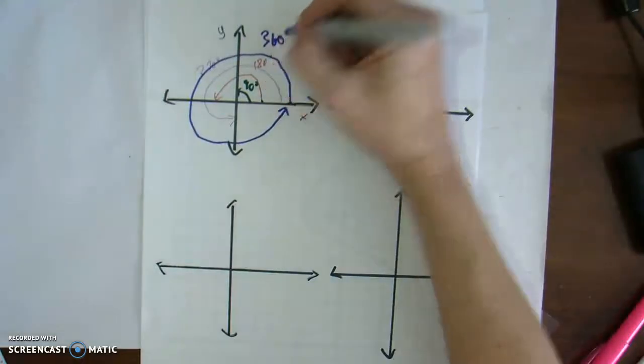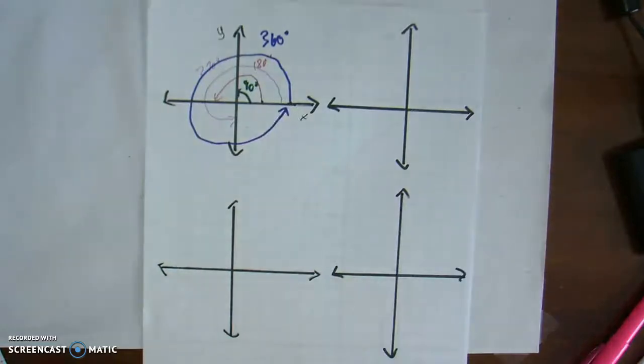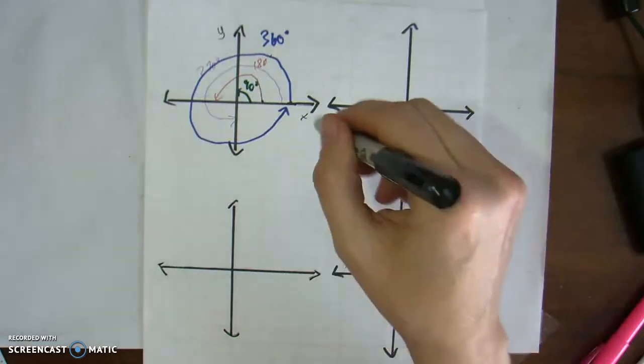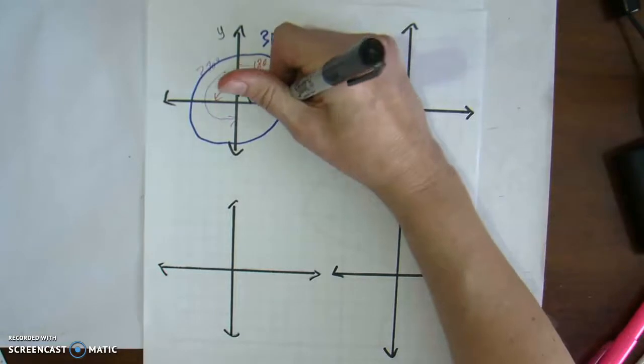All right, so we think of the X and Y axis as particularly important landing pads for your theta, and they're just multiples of 90 degrees going around. Now what's important is I always started here on the positive part of the x-axis.